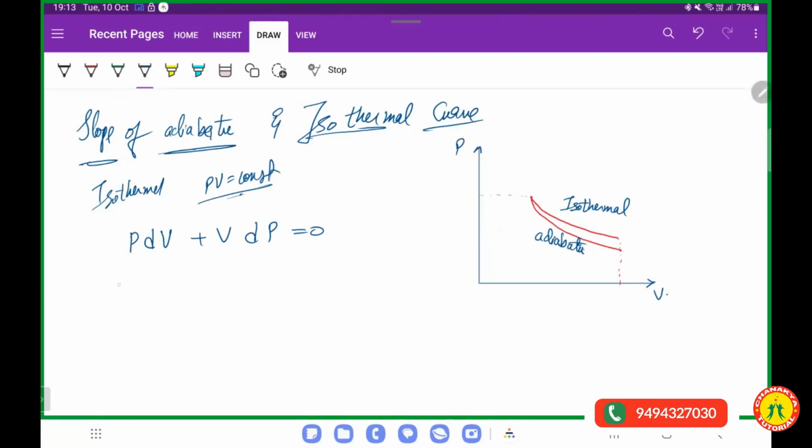Slope of isothermal is dP by dV equals minus P by V for isothermal.